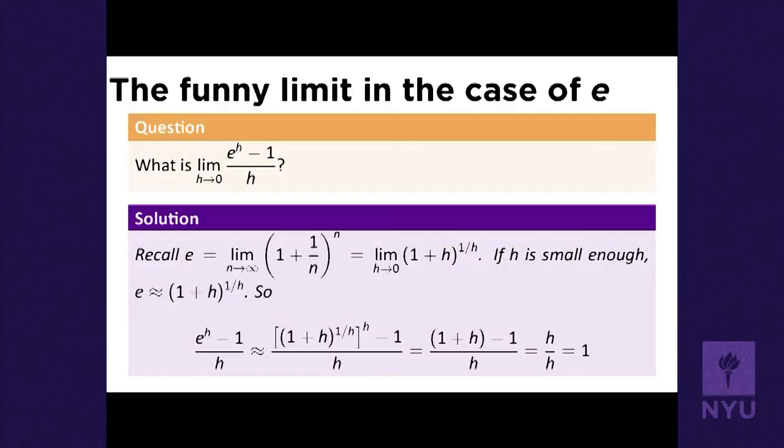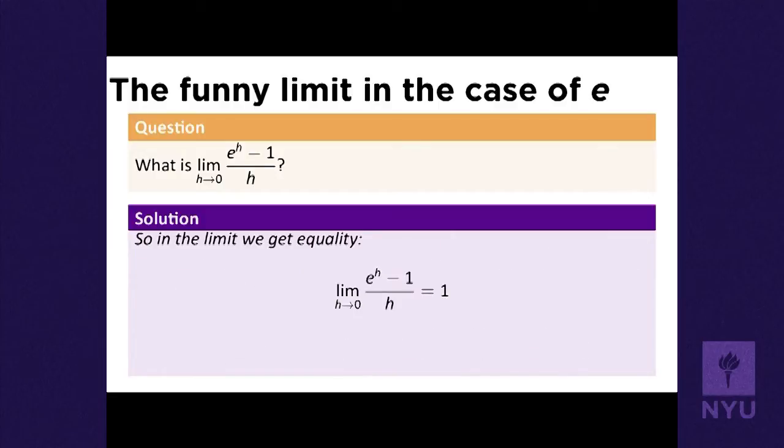Subtract the h, and it leaves an h in the numerator. Divide by h, and we have a 1 as a quotient. And so the limit is going to be approximately 1, and in the limit it's exactly 1. So the funny limit, e to the h minus 1 over h, turns out to be exactly 1. And that tells us that the derivative of the exponential function when the base is e is 1 times e to the x.